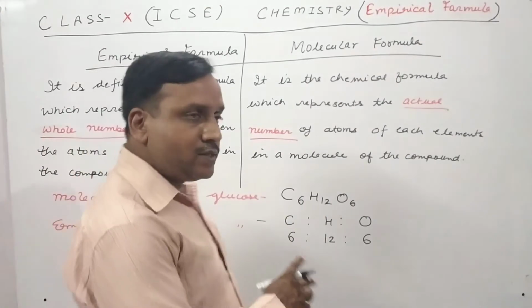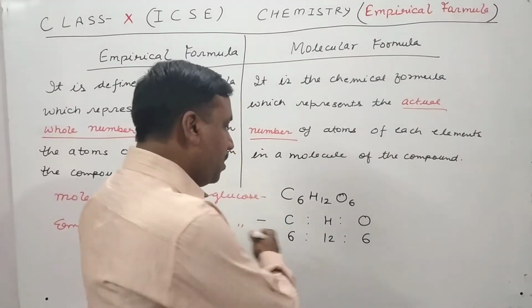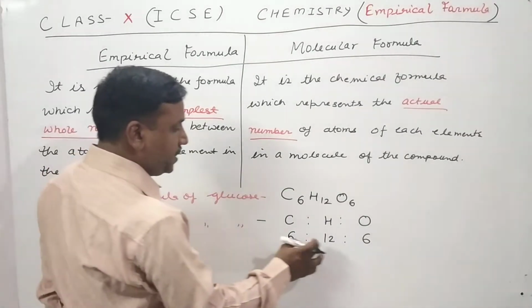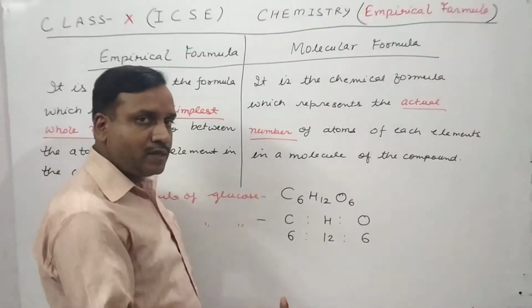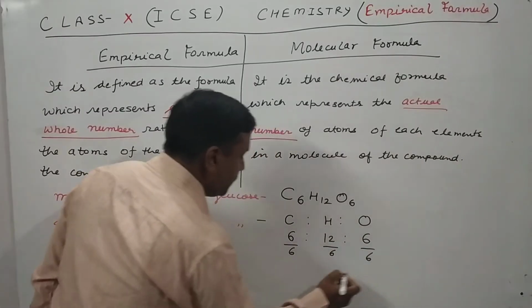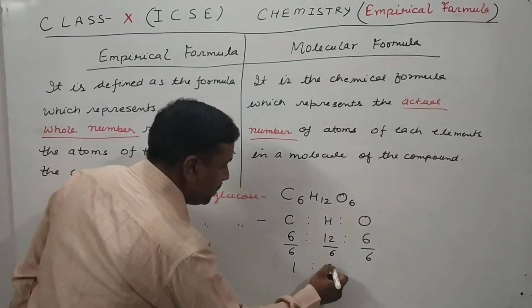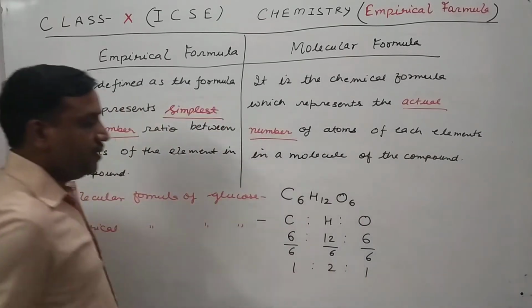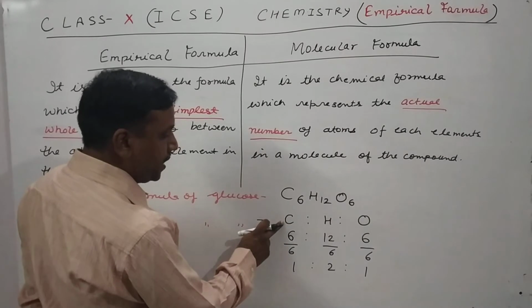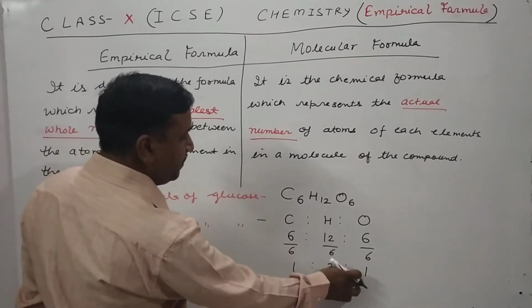To calculate its simplest ratio, you will divide all the numbers by their HCF. The HCF of 6, 12 and 6 is 6. Simply divide each number by 6. You will get the simplest ratio 1, 2, 1. Then what is the empirical formula? You will take 1 with carbon, 2 with hydrogen and 1 with oxygen.